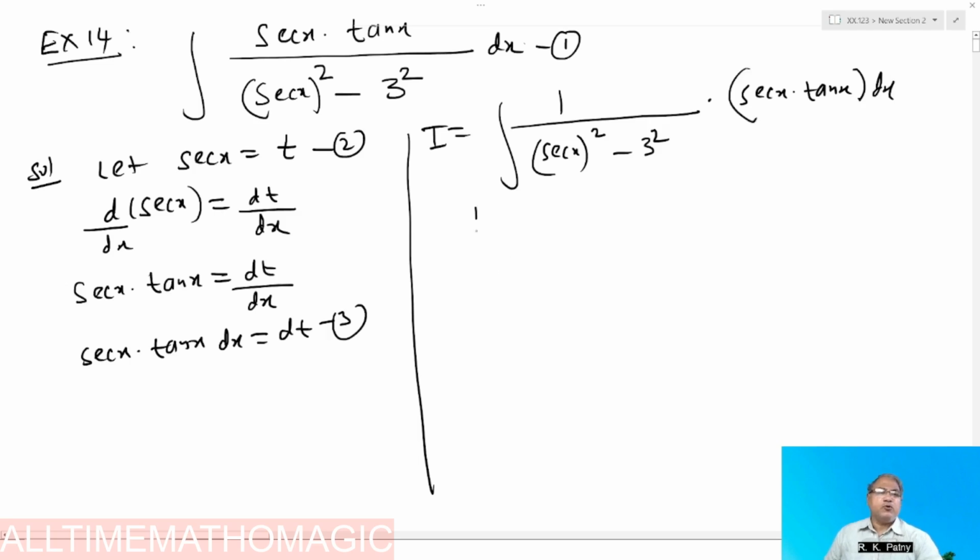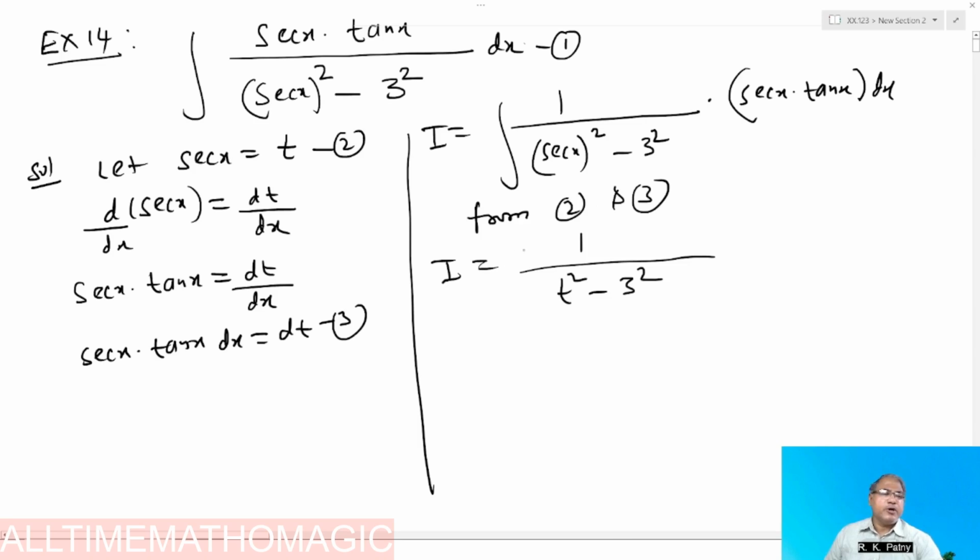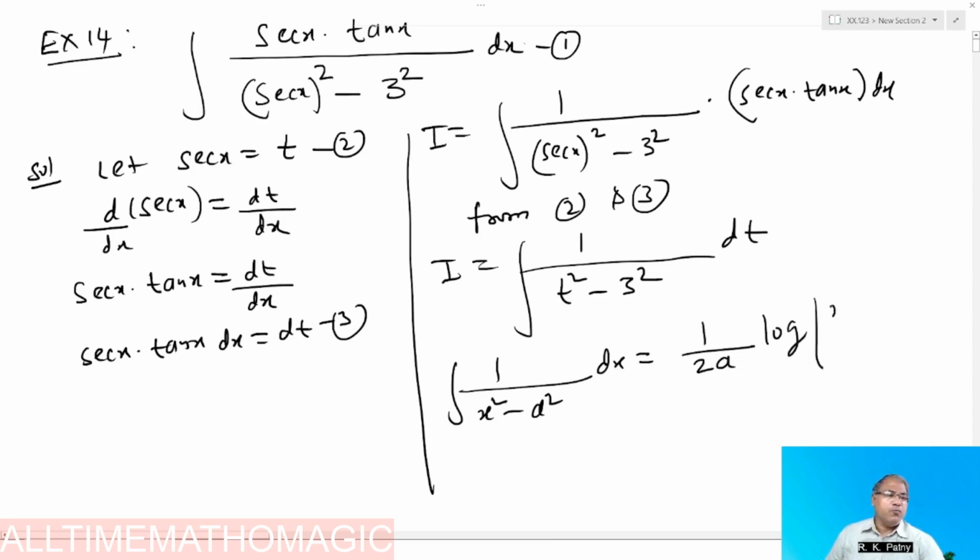Now from 2 and 3, I equals 1 upon sec x, nothing but t, so t square minus 3 square integration, and sec x tan x dx equals dt. Now we apply the formula: integration of 1 upon x square minus a square with respect to x equals 1 upon 2a log of modulus x minus a upon x plus a plus c.